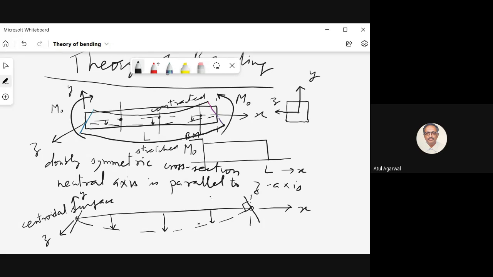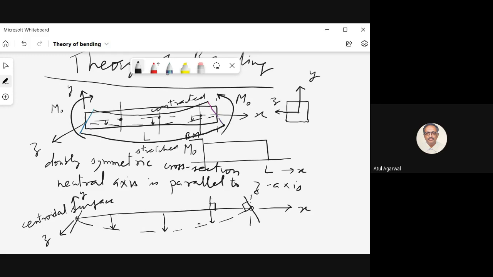Before bending, the cross-sectional plane and neutral surface were perpendicular. Even after bending, they stay perpendicular. So that is the assumption, and that assumption is seen to be exactly followed in real life. But that happens only in the case of pure bending and a doubly symmetric cross section.